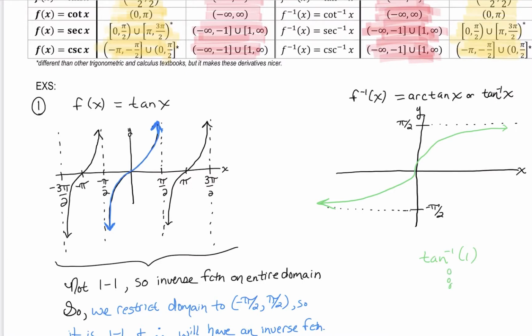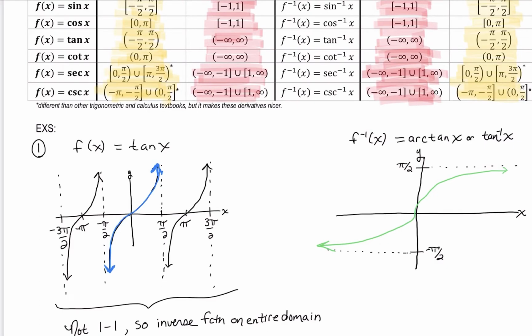You're thinking, for what theta is tangent of theta equal to 1? And you'd be like, oh, I get 1 on the unit circle. That's at pi over 4. So tan inverse of 1 is pi over 4. Also just remember those ideas, how to evaluate some of those.